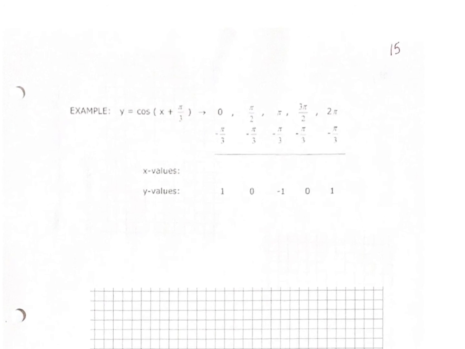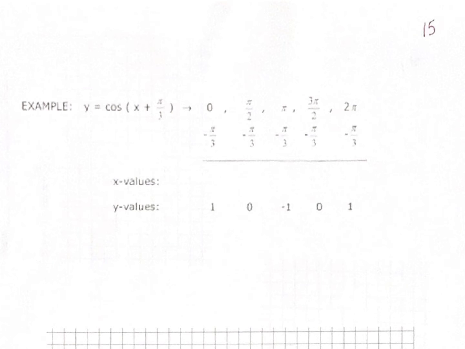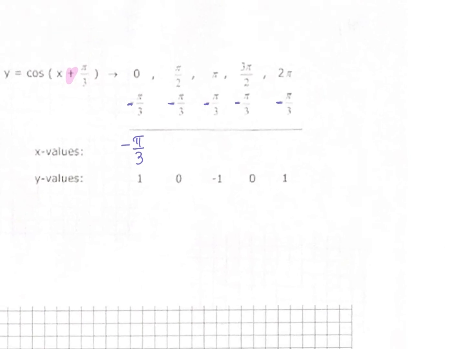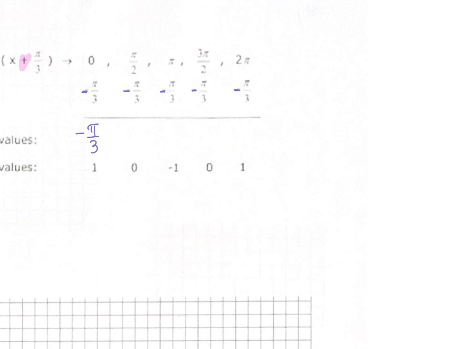On this one, if you notice, it's a plus pi over 3 here. So that means we are subtracting pi over 3 from each of those basic x-axis markers. So 0 minus pi over 3, that's pretty straightforward. You guys can handle that without writing anything down, but for these others we're probably going to need to find a common denominator and do that math.